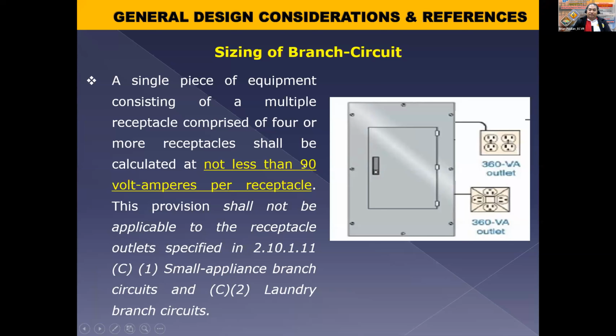So kung may apat ka times 90, kaya nga yung isang outlet na ito is rated at 360 VA. So hindi na 180. So parang consider niya na parang dalawang outlet will be used almost at the same time. So ito yung dapat natin pagbantayan: pag apat na ito in one yoke, it's already a 360 VA demand, yung particular outlet na ito. Yun lang kaibahan: sa up to 3 receptacles 180 VA, but pag apat na, 360 VA na yung demand niya.